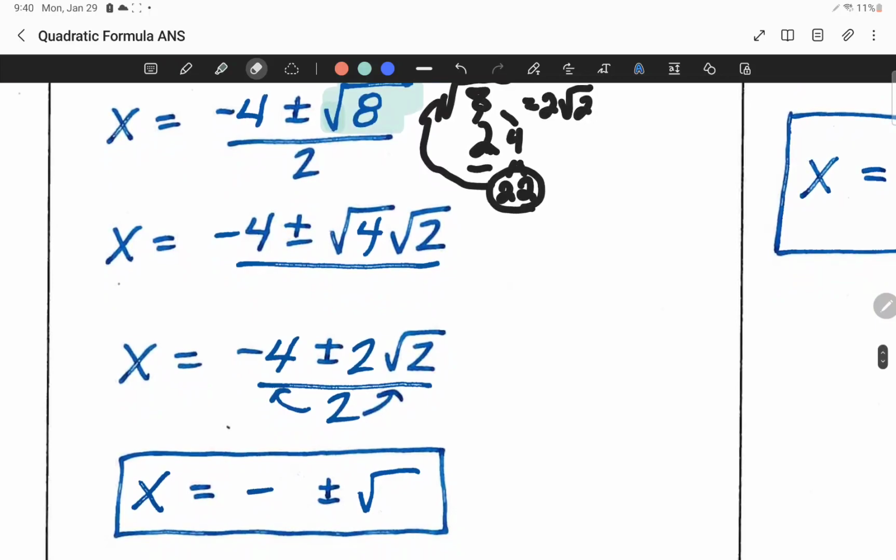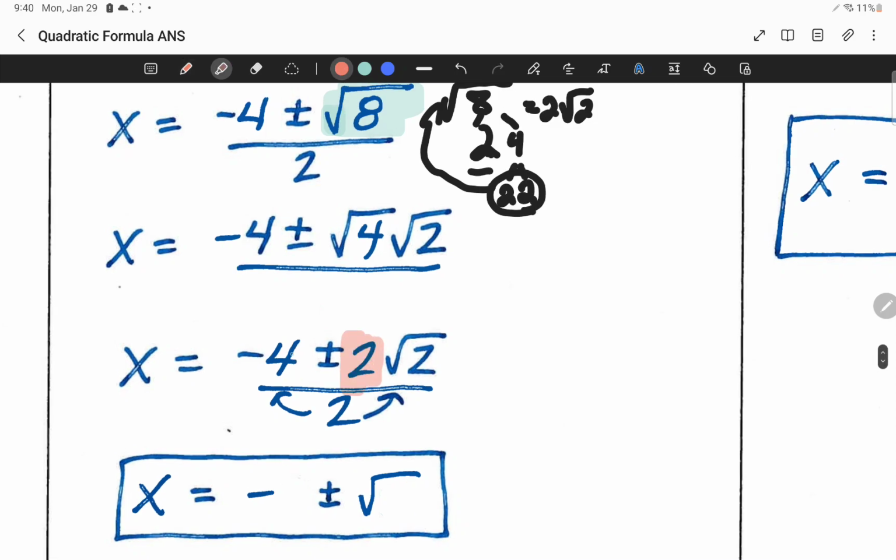Now, you're going to see that we have this 2 right here, this 4 right here, and this 2 right here. Now, what we can do here, we can simplify all of those together. So if I divide those numbers by 2, I'm going to end up getting 1 on the bottom, so it kind of eliminates itself.